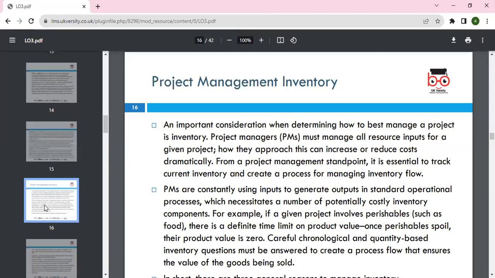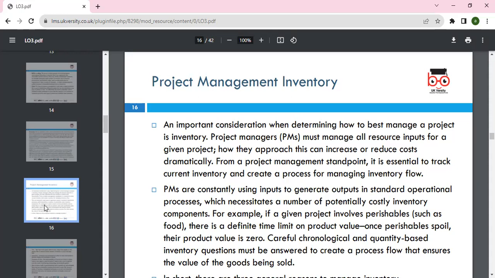Okay, so project management inventory considerations determine how best to manage the project inventory, because most of your cash is blocked in the inventory. The project manager must manage the resources input to the project, and the approach is to increase efficiency and reduce cost. At the moment, information systems really help us to track.